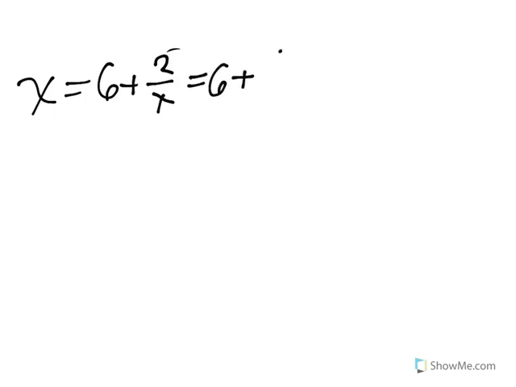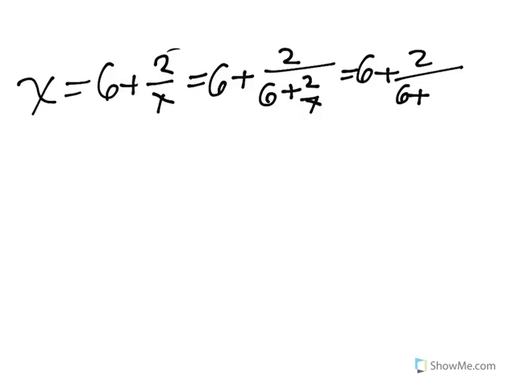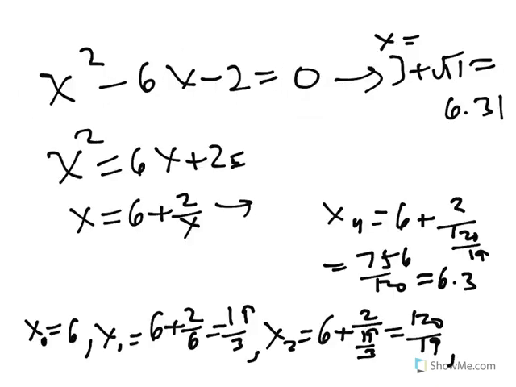And then replace the x with 6 plus 2 over x, and then replace that x with 6 plus 2 over x, and just make the dot, dot, dot. That might help you see it a little bit better. What always ends up happening is that each answer becomes the denominator of the next one. So you do 2 over that, and then add 6, and you will end up with the next convergent.